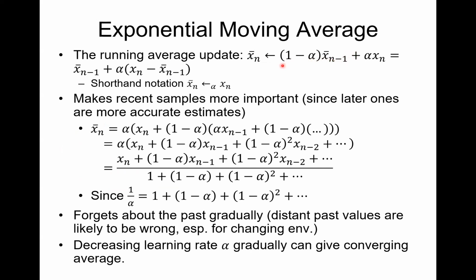It says incremental update of a value x_n by taking the previous iteration x_n minus 1 plus alpha times the difference between the new estimate and the previous estimate. If you write it out, you can see that it's a weighted sum, and the most recent value is given the highest weight.